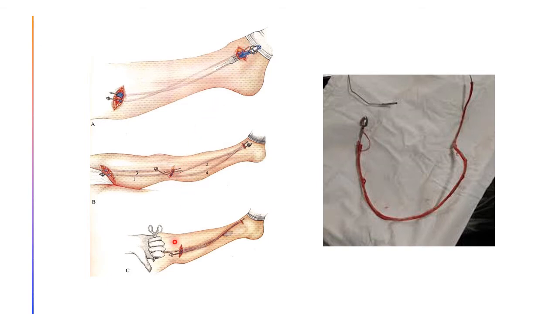Then, using traction, this stripper is pulled through and it pulls along the long saphenous vein and it comes out like this. Okay? This is the head of the stripper and this is the vein that is being stripped, and this is the segment of the vein that has been delivered out from up here.